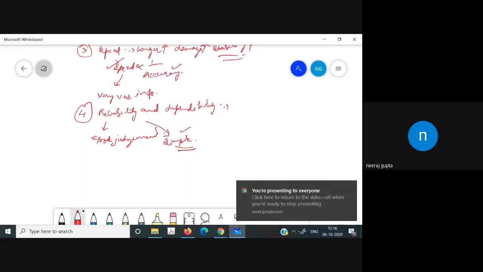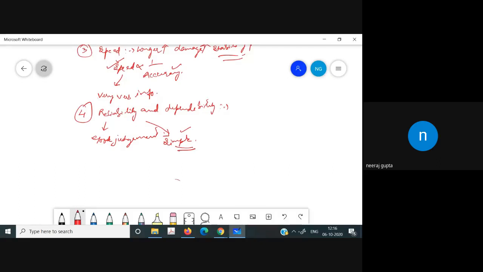Now, one more point is that if the information is available locally, we have the local information. Two points are there. One is the dependability of the information at faraway places, and one is the locally available information.